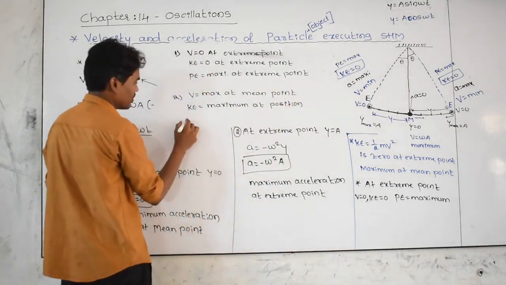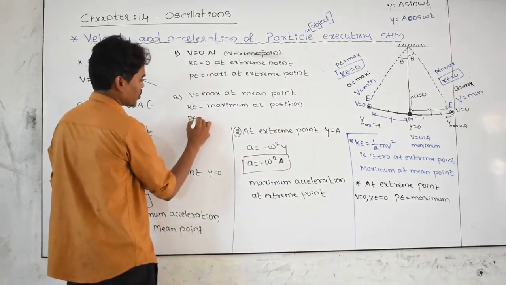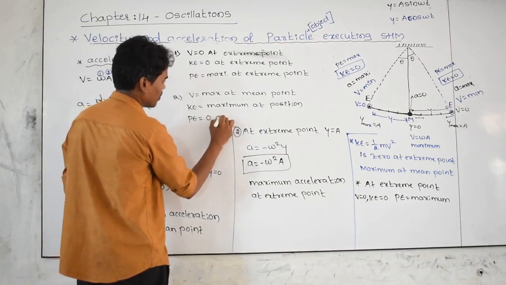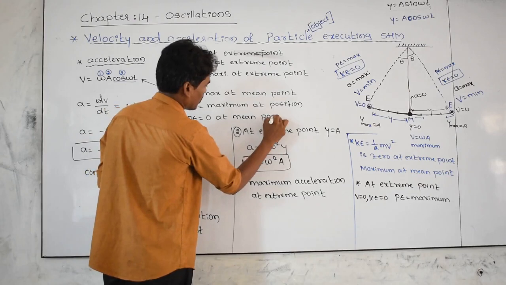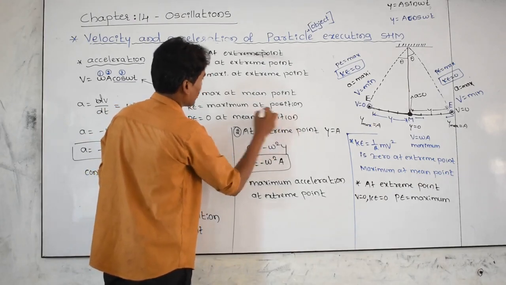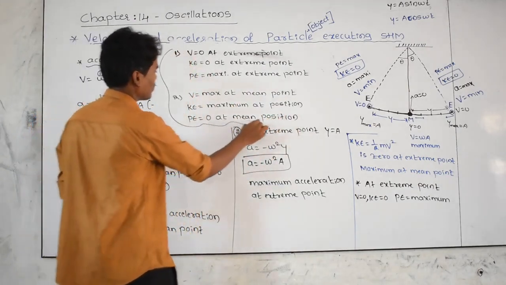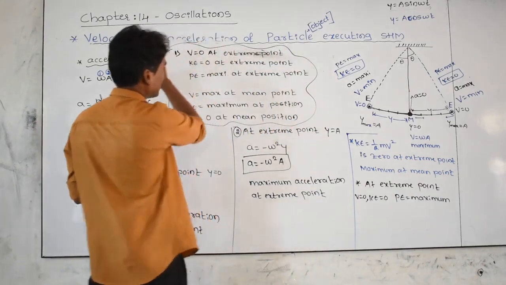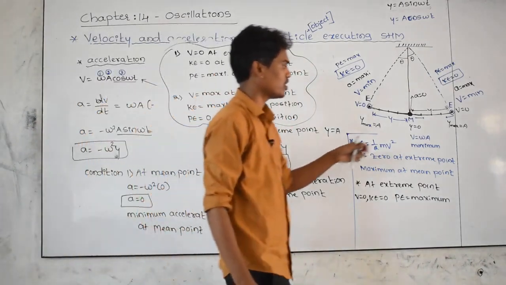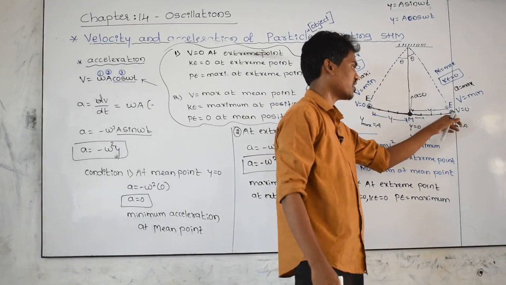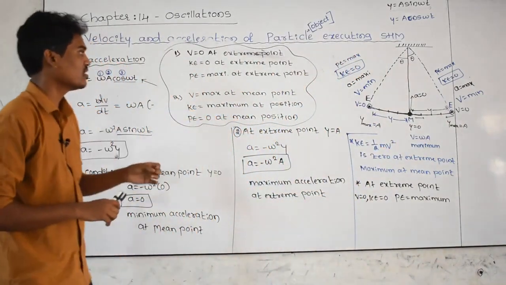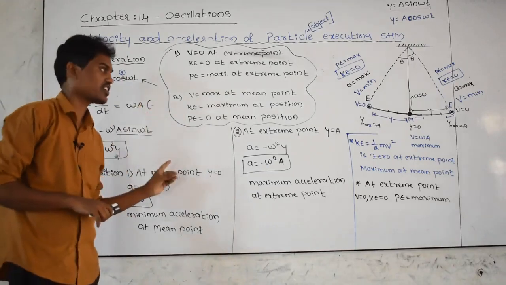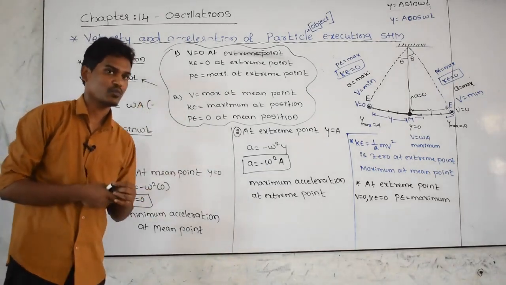And if kinetic energy is maximum, then potential energy is equal to 0 at mean position. And remember these are the conditions. And one thing, acceleration is 0 here, acceleration is maximum here, and acceleration is maximum here. And please note down all these: displacement, velocity, acceleration, kinetic energy and potential energy.